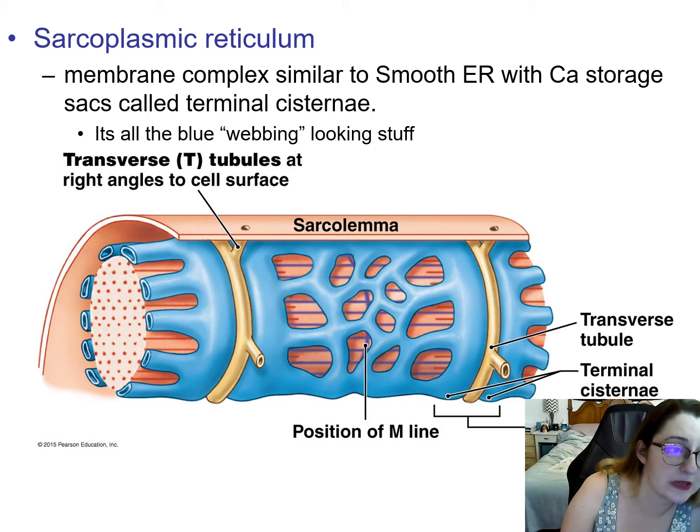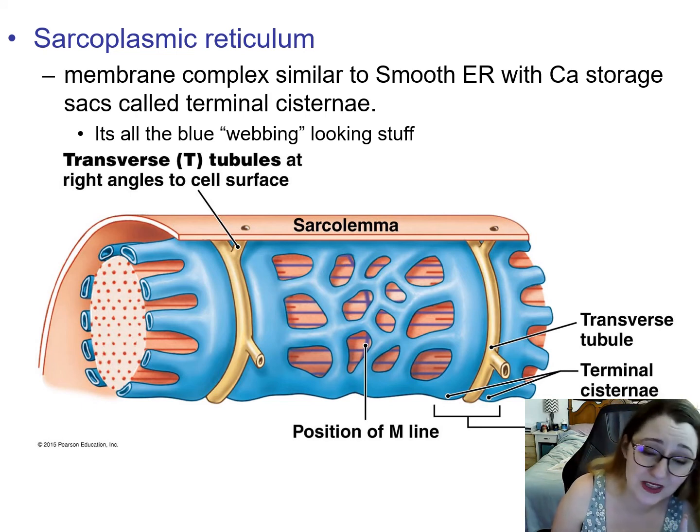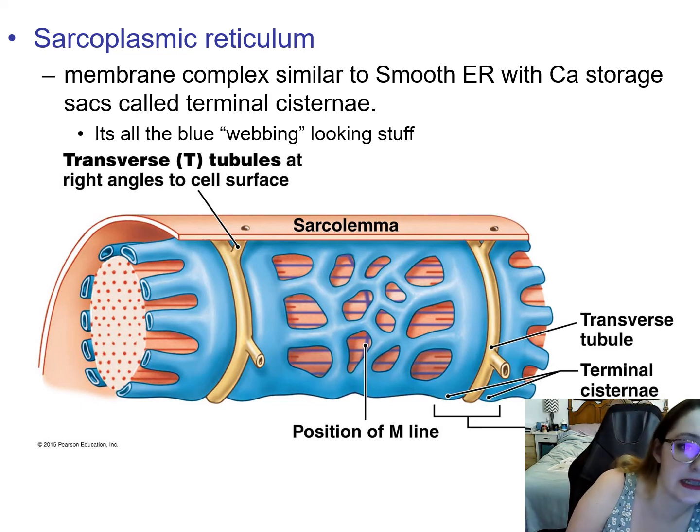Next, we have the sarcoplasmic reticulum. The sarcoplasmic reticulum, at least on this graphic, is going to be all the blue webbing. So it's very similar to smooth ER, and one of the most important things I want you to get from this is that its purpose is calcium storage sacs in the terminal cisternae.